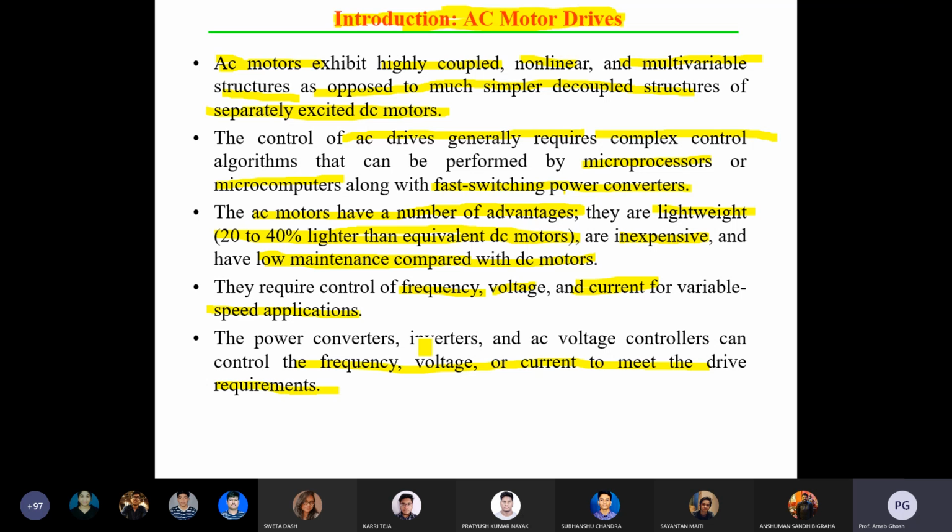And you also use a respective filter to get the appropriate output, maintaining the performance index of the converter.